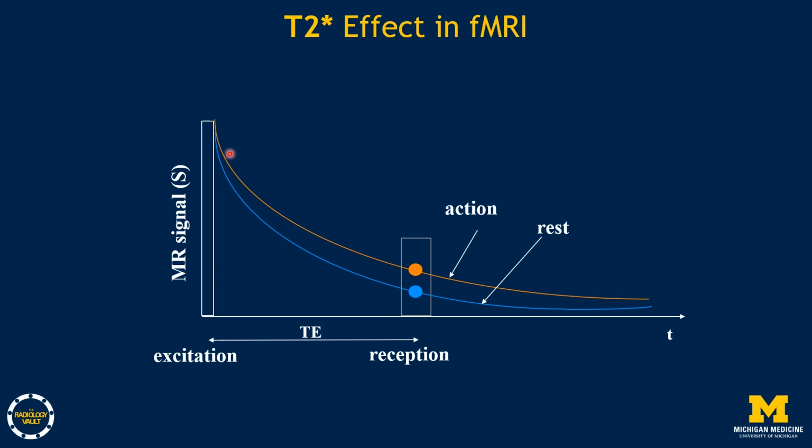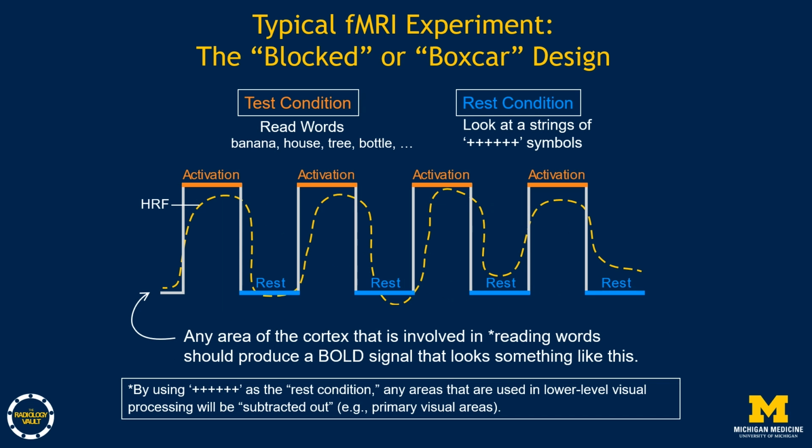In terms of the T2 star effect, at rest the signal will be different than at action, and that difference is what is known as the excitation difference. That is something that we will be mapping out.